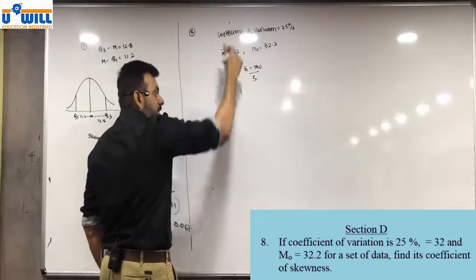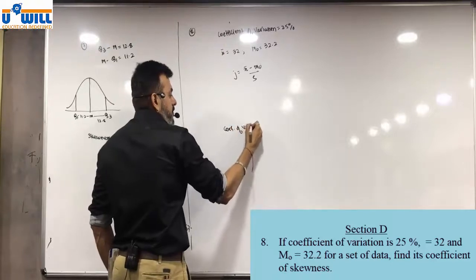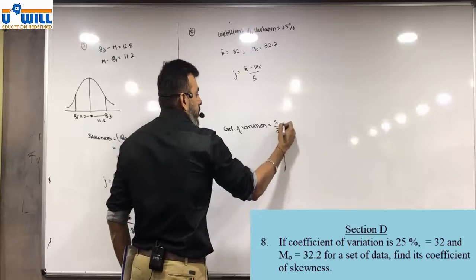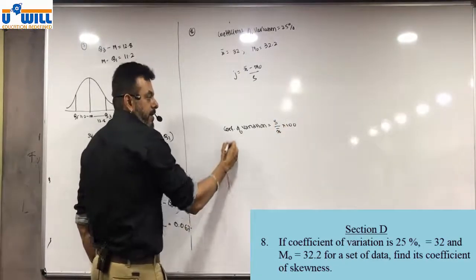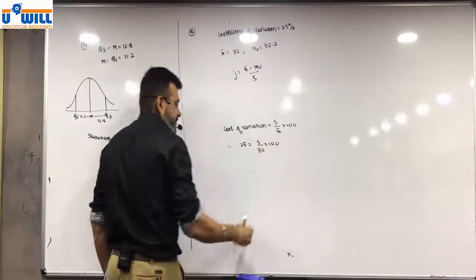From the coefficient of variation. So we write the formula. Coefficient of variation is equal to standard deviation upon mean into 100. 25 is equal to S upon 32 into 100.